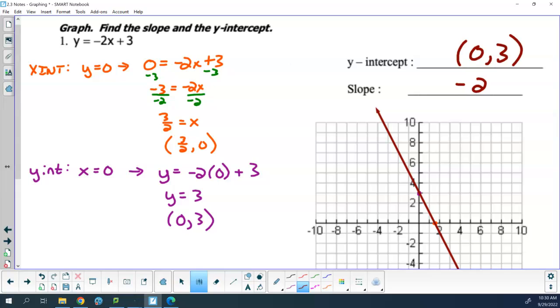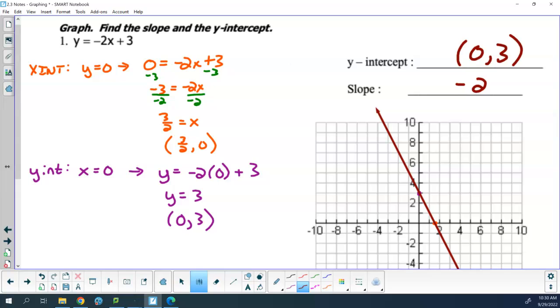How I found the slope? Off of the graph or out of the equation? Either one. Well, the equation is in y equals mx plus b, so I knew it's -2 going in. But off of the graph, I look for points that it goes through.